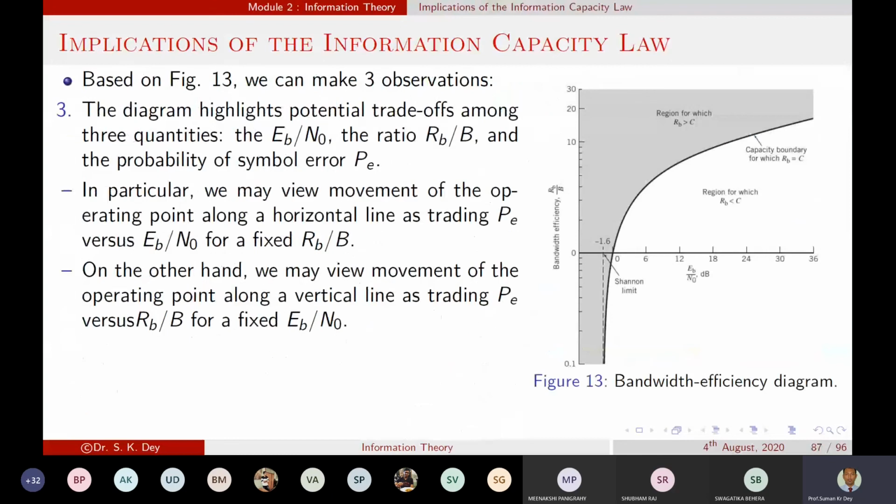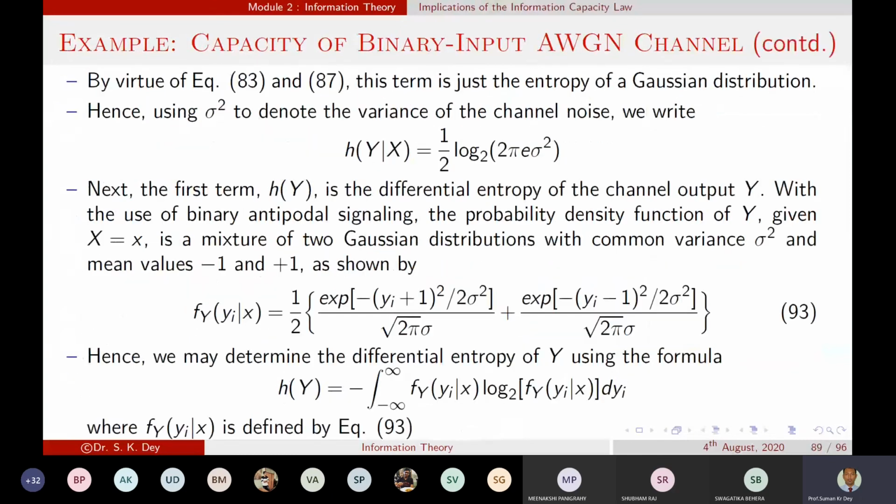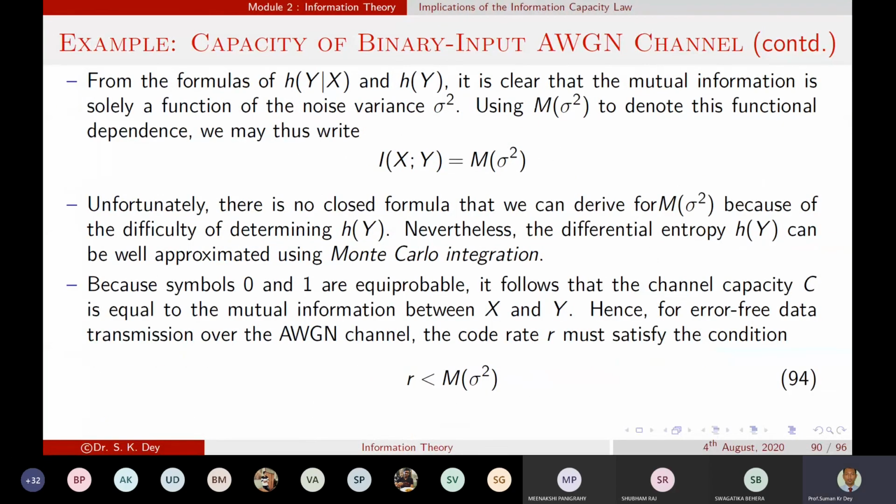Already we found out the capacity of a channel. Do you remember that expression? C equal to, what is the expression of the capacity of a channel?